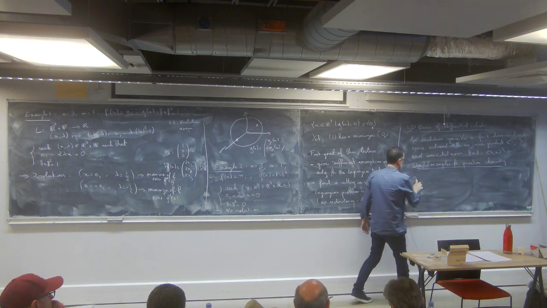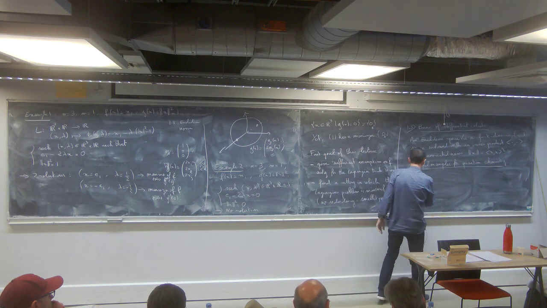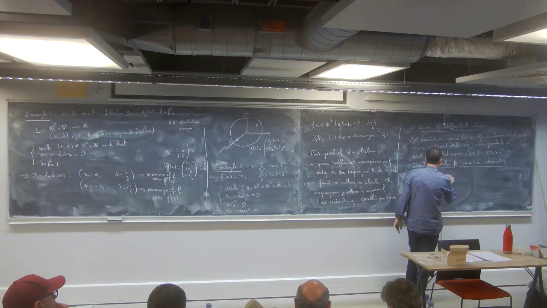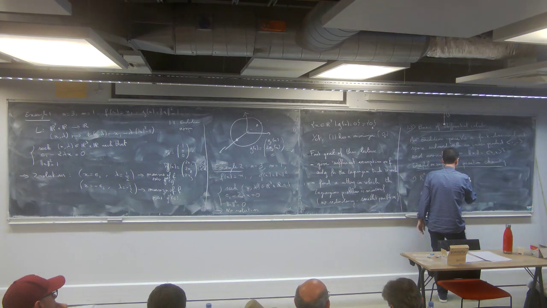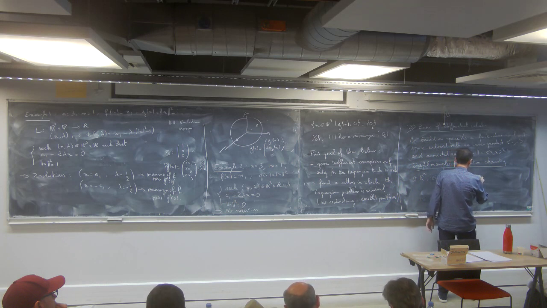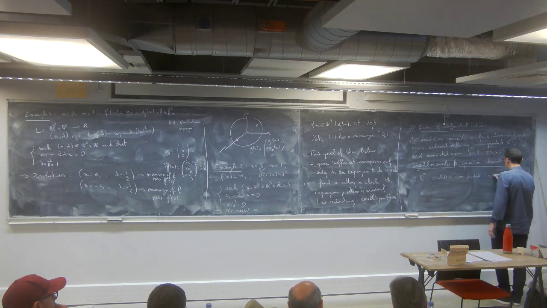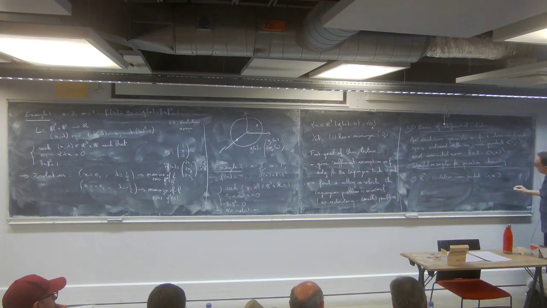The first one is R^n, of course, so R to the n with the Euclidean inner product. This one you all know. It's, let's say, the inner product of X and X prime, which is X transpose X prime, or if you prefer, the sum of x_i x_i prime.